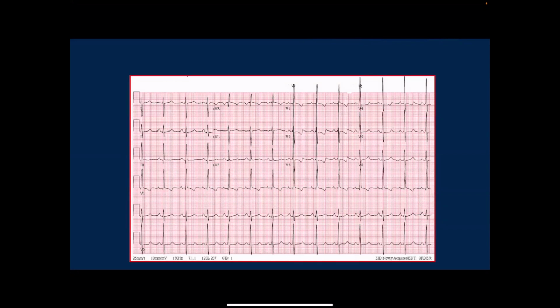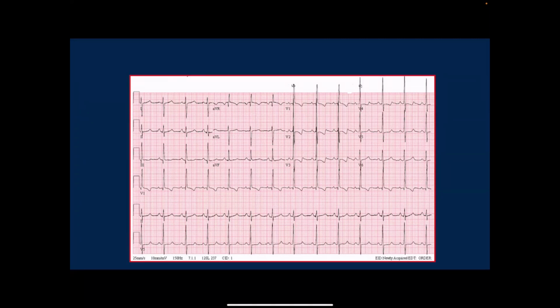What's this one? Both. Both what? There is huge in... No, it's right and left atria. That's what you mean?